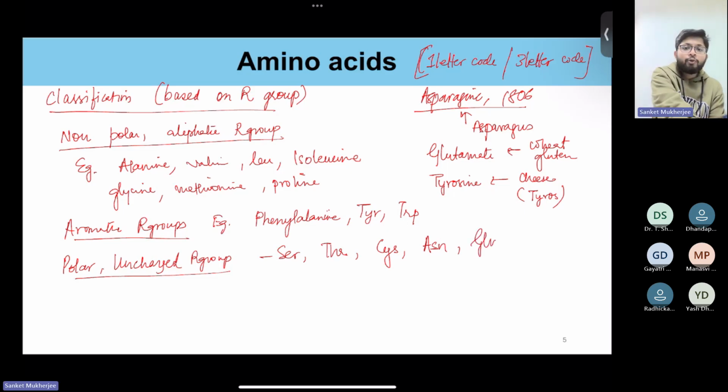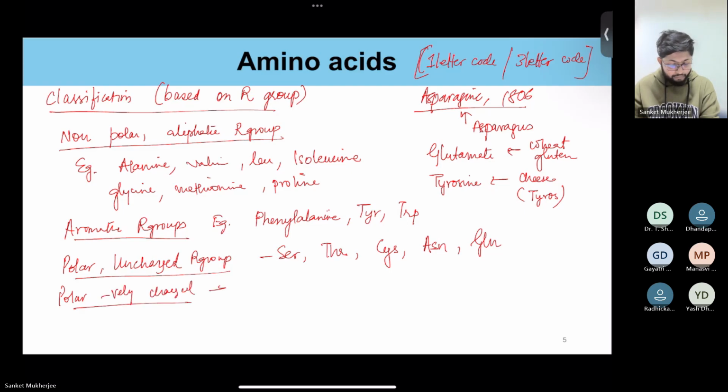There could be a polar negatively charged group. They have a net negative charge in the R group. That would be aspartic acid and glutamic acid. Similarly, there could be positive charges as well, polar obviously. It could be arginine and lysine. So these are all the amino acids.